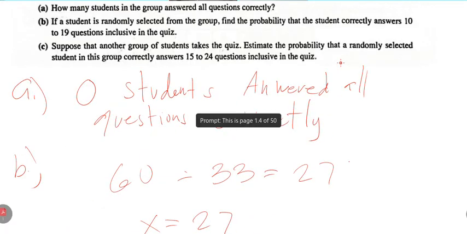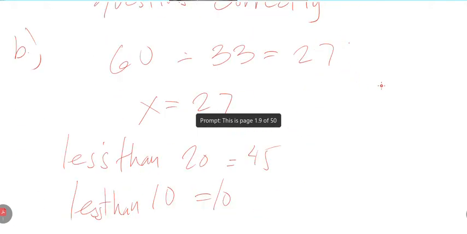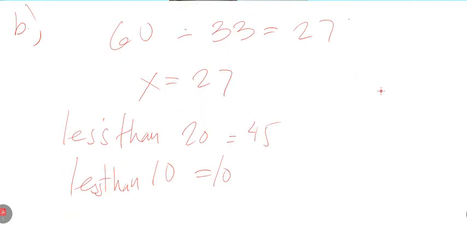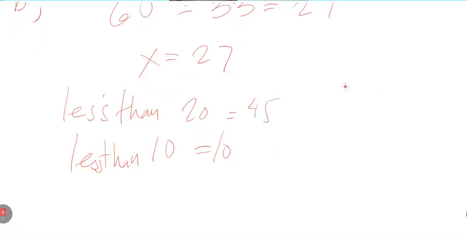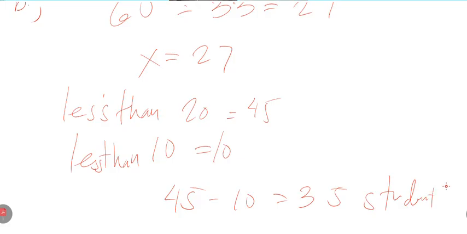We subtract: 45 minus 10 equals 35. So we have 35 students.